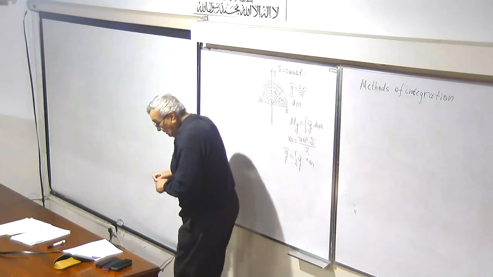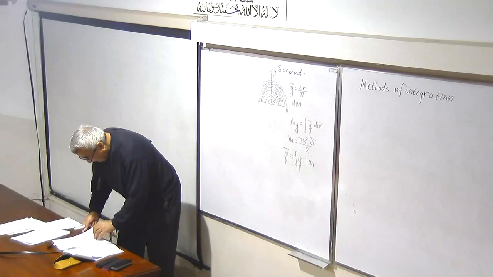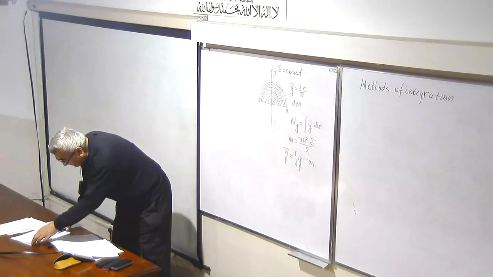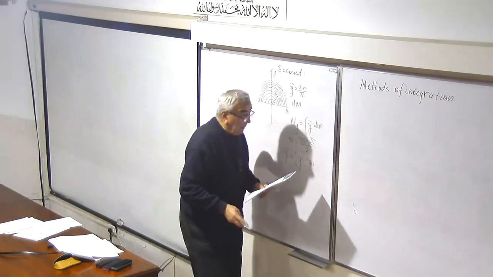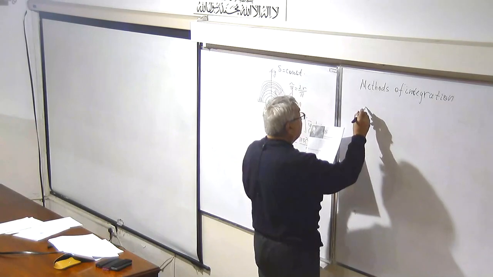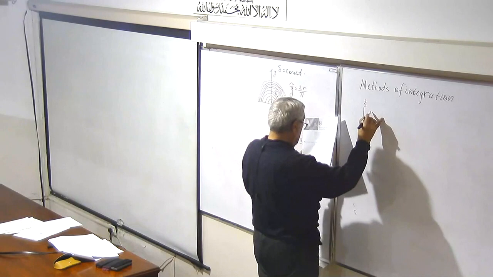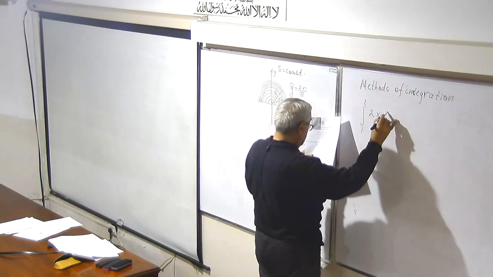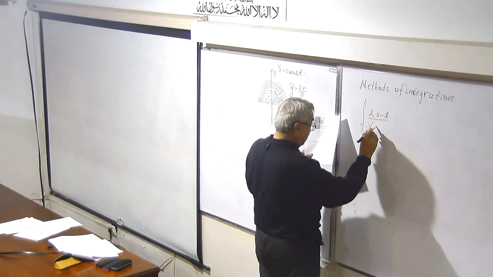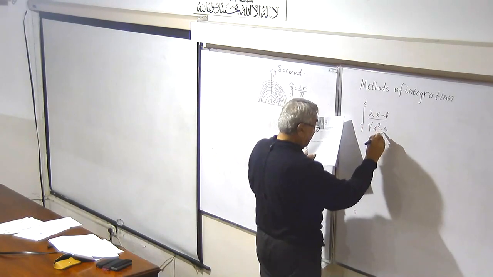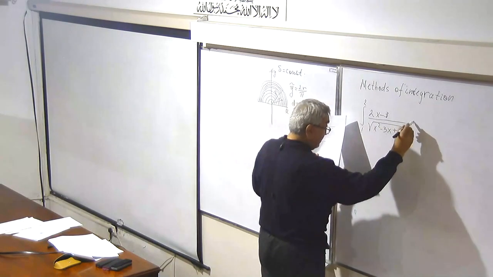I will consider the following examples to calculate the integrals. That means I have the following integral: the integral from 1 to 2 of 2x minus 3 over the square root of x squared minus 3x plus 1, dx.